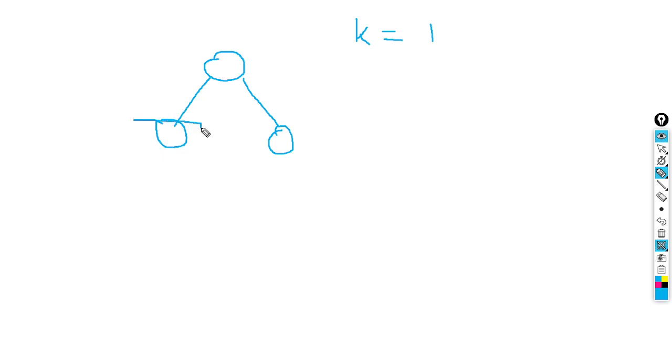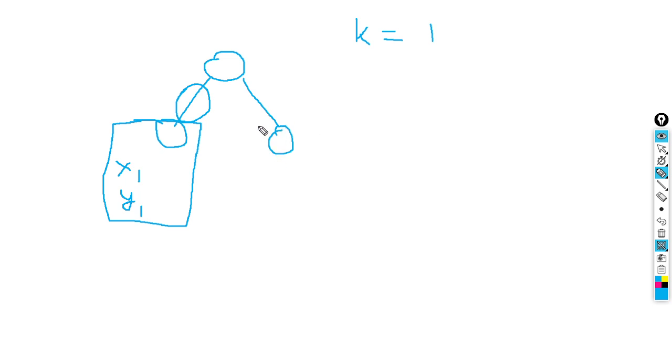Suppose this child has a subtree which has x1 as its value if we include this edge, and y1 as the value if we exclude this edge.